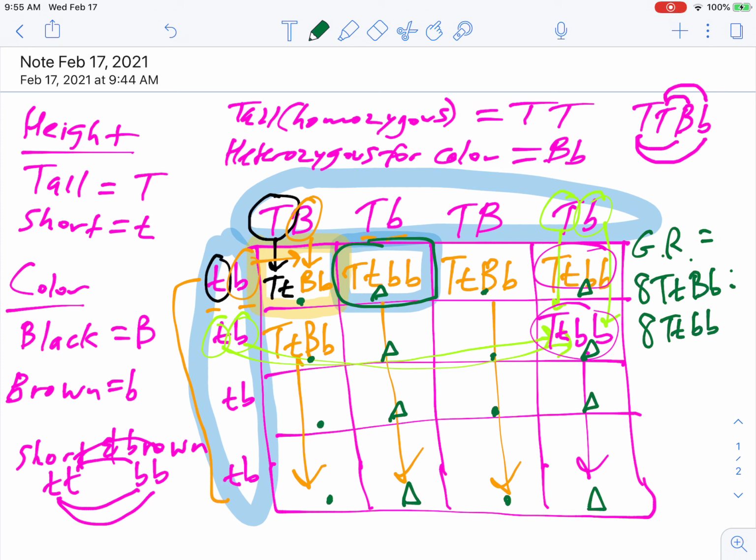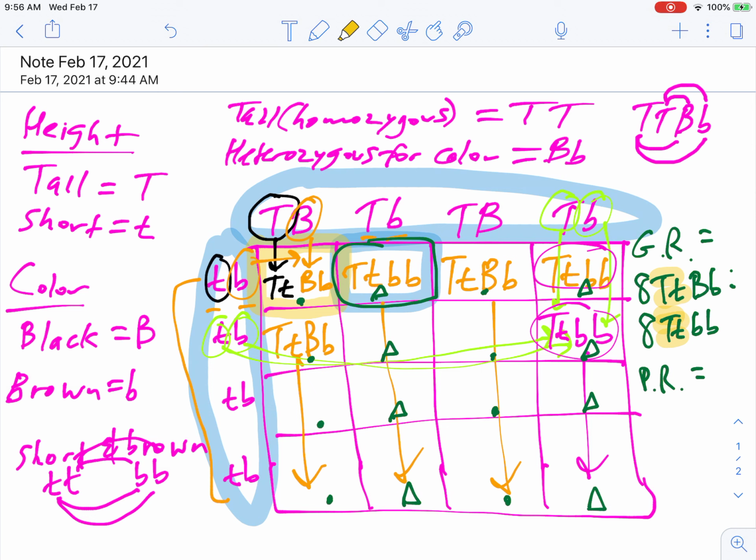And what you've got to be careful with is your phenotypic ratio, because you have to separate these out individually. So you might say to yourself, well, isn't it the same phenotypic ratio as well? But it's really not. You look at the T's separately and the B's separately, meaning your 2 different characteristics separately.